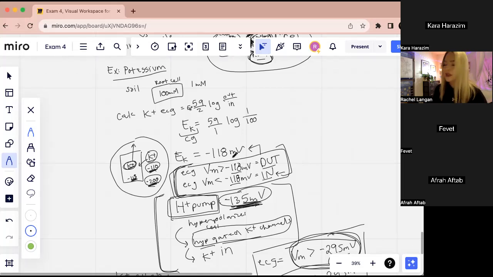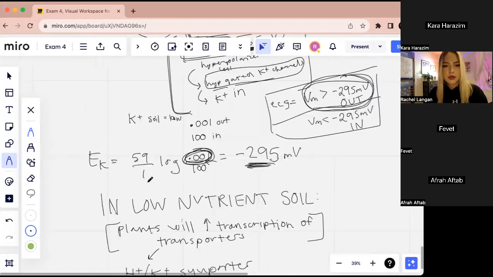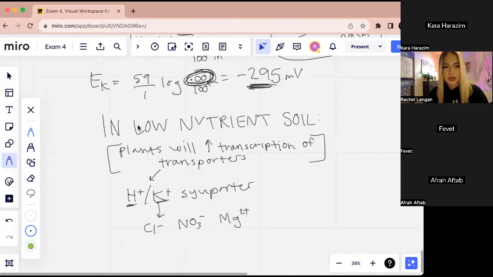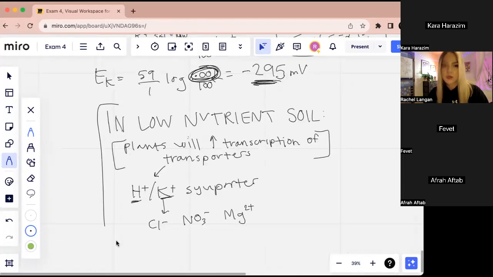Okay, last thing I just want to mention that could be helpful is notice that this nice little response they come up with, which is regulating up and down the number of transporters, only works if you have working hydrogen pumps.